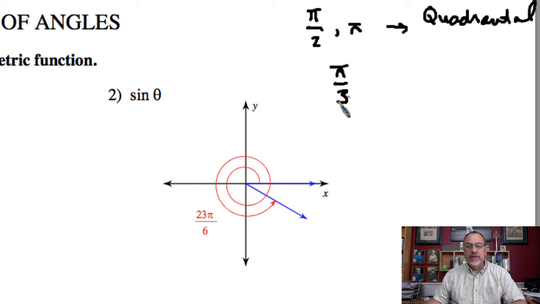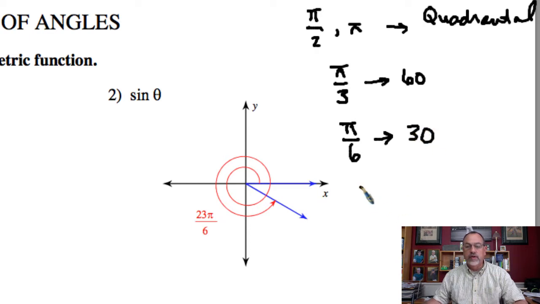Anything that has a denominator of 3, then the central angle is a 60-degree angle, or a multiple of that. So anytime I see a denominator of 3, I know that the central angle we'll be using for our reference triangle will be a 60. If we have a denominator of 6, the central angle is going to be a 30-degree angle, or multiple thereof.